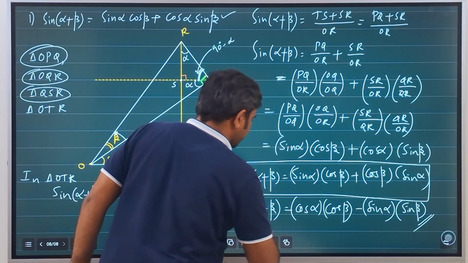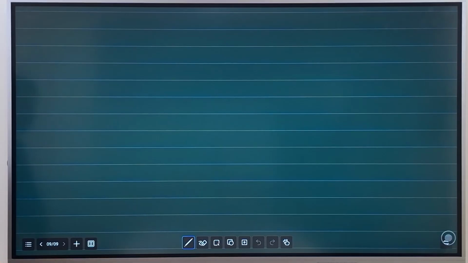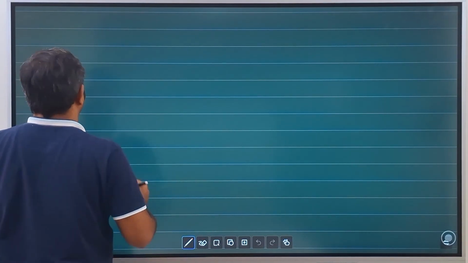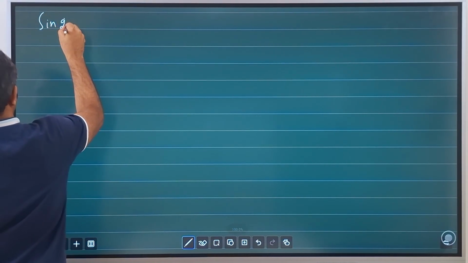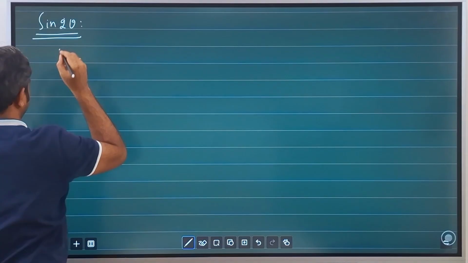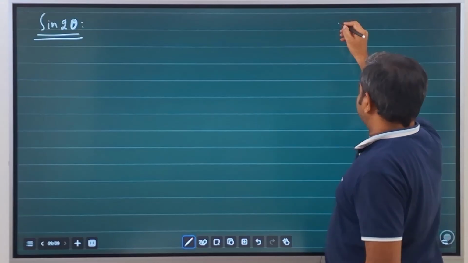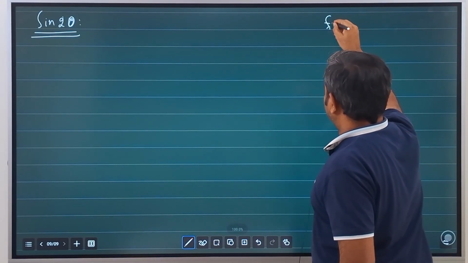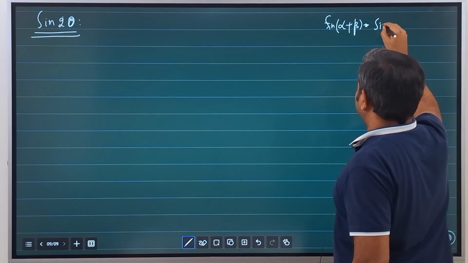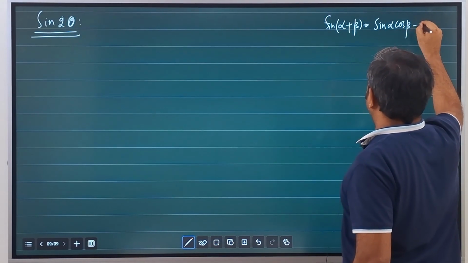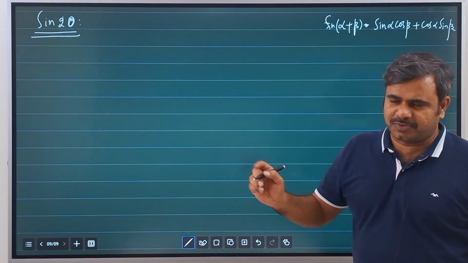So these two are very important identities of trigonometry. Moving ahead, let's write a few more identities. Sine 2 theta. How do we calculate sine 2 theta? We are going to make use of the identity that we have already written here: sine alpha plus beta is equal to sine alpha cos beta plus cos alpha sine beta.